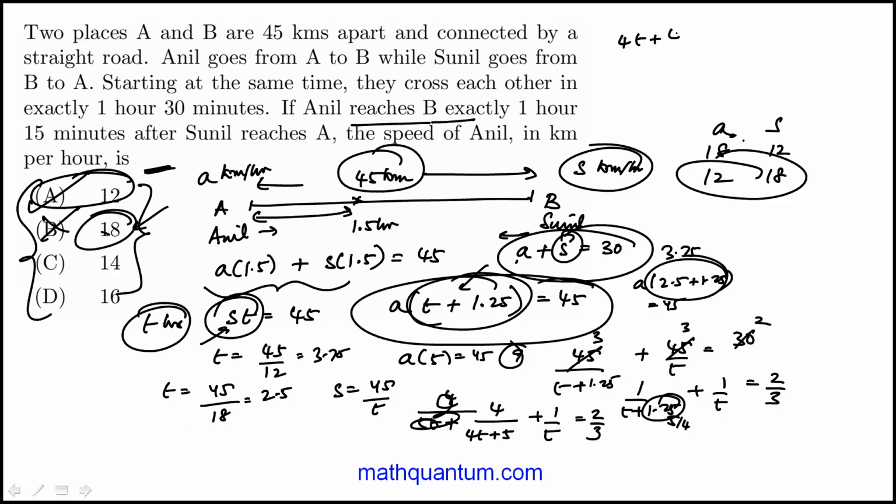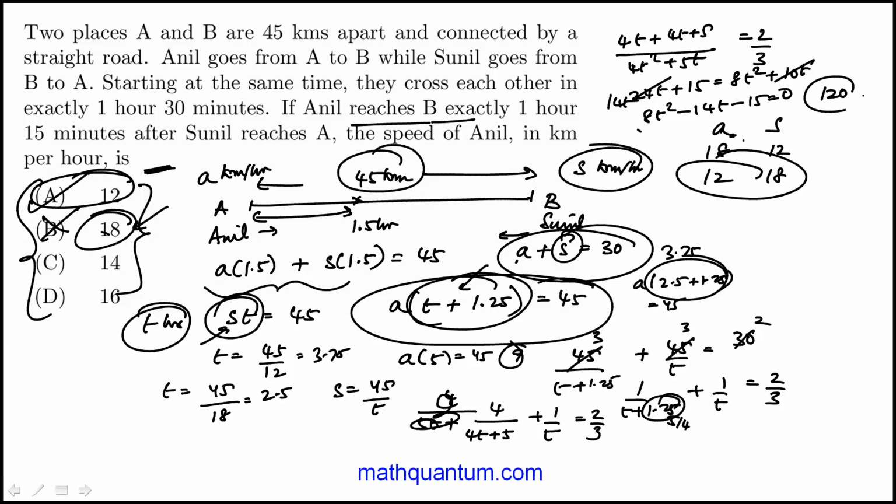So 4T plus 5, 4T squared plus 5T, and 8T squared, 10T, and that becomes 14T. Our quadratic is 8T squared minus 14T minus 15 equals 0.